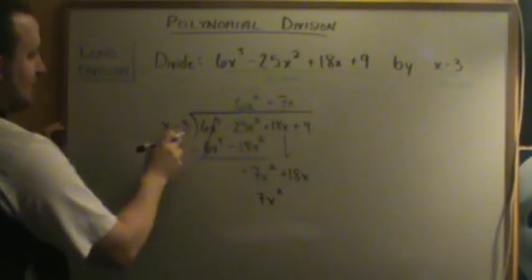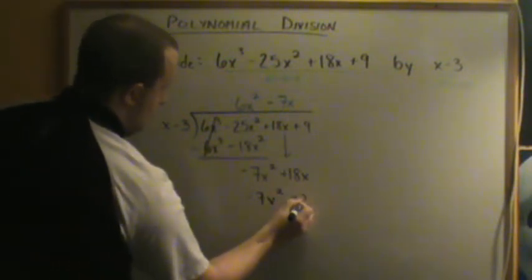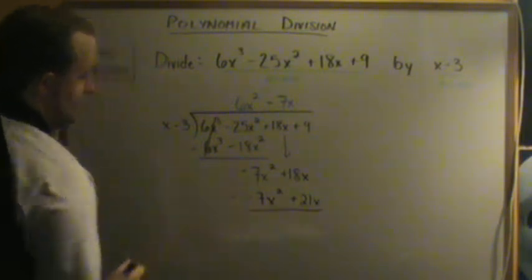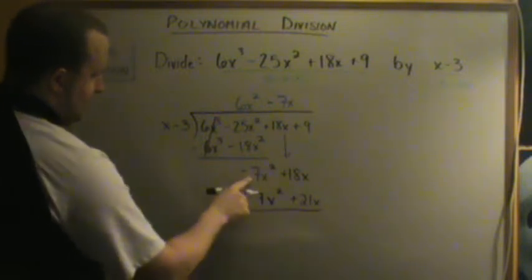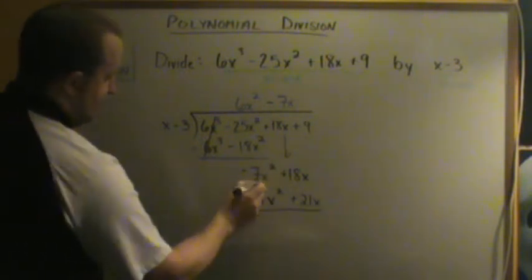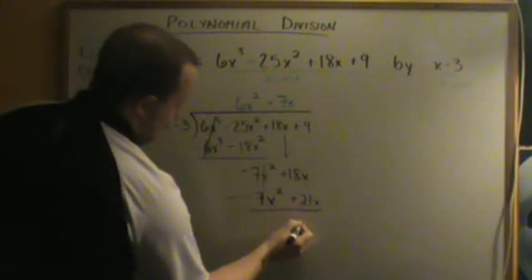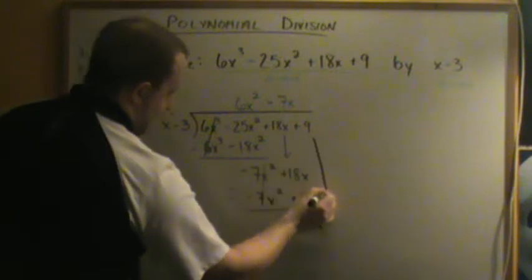And then negative 7x times negative 3 is going to be a positive 21x. Subtract this expression from this one. Negative 7x squared minus a negative 7x squared, they go away. And 18x minus 21x is negative 3x. And now we bring down the 9.